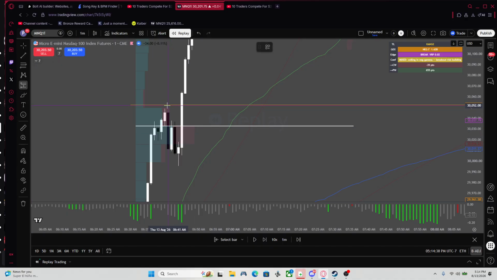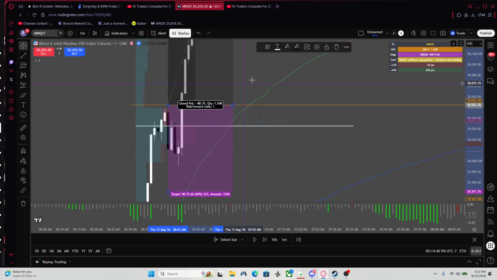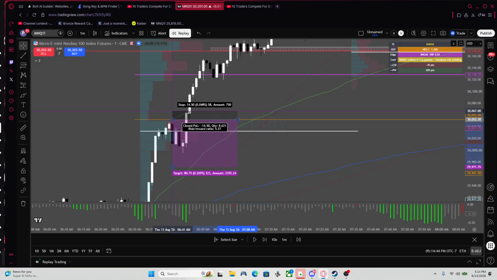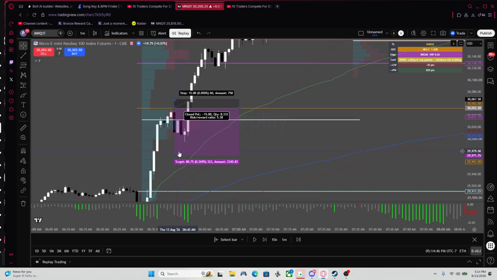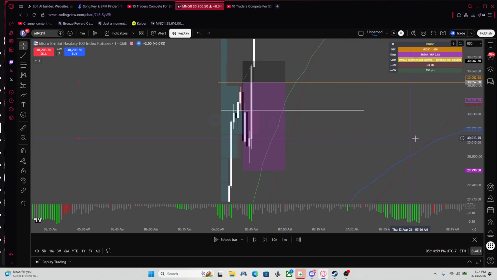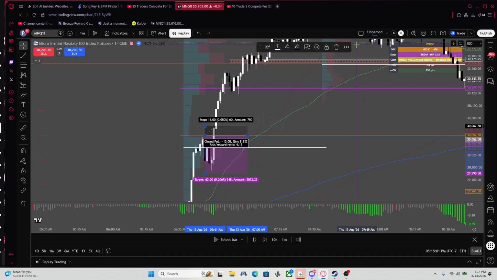Let's say you shorted here and you had a 15-point stop, and you targeted even right here. This would have been good, and then you could have left some runners. This would have been a good trade.